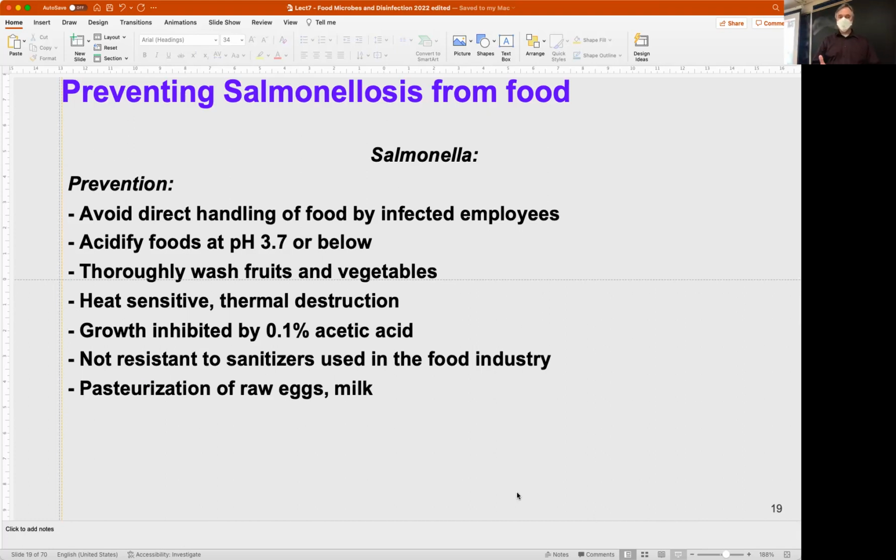So it's not 100% effective. But if you heat the food, that kills the bacteria. And I have here growth inhibited by 0.1% acetic acid. If you use sanitizers that are used in the food industry, they'll kill the bacteria as well. Also, if you pasteurize your food, that'll kill off the bacteria as well. So there's ways we can prevent salmonella poisoning.